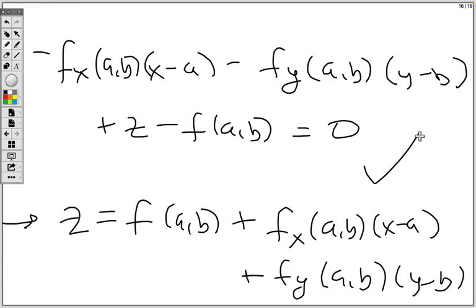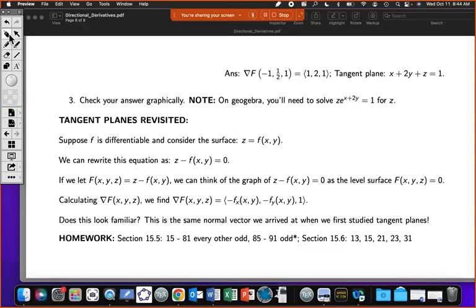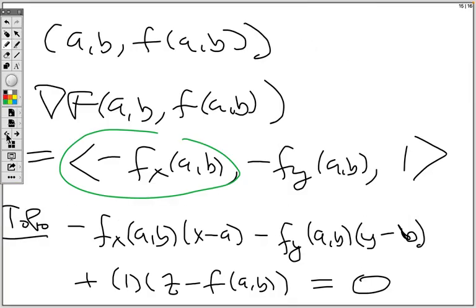So once again, that's a big theme here in Calc 3: if we understand 2 variables, to go to 3 variables we tack on a z. Anytime we generalize something, we double check that it specializes back to what we know from before. Okay? Now I suspect some of you were using these kinds of calculations.